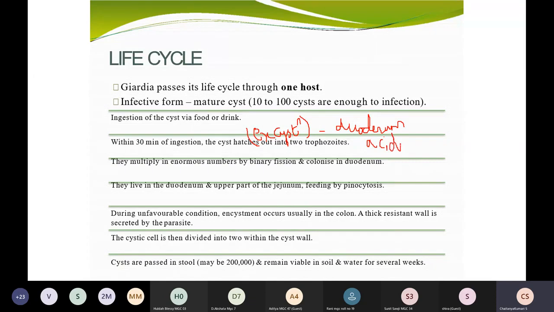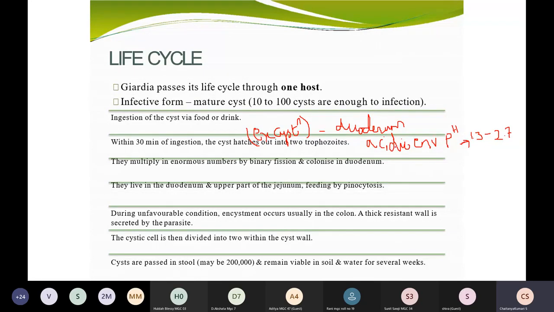This is important: because of the acidic environment inside the duodenum, the pH ranges from 1.3 to 2.7. I think everybody is following. Yes, ma'am. So this creates the acidic environment.